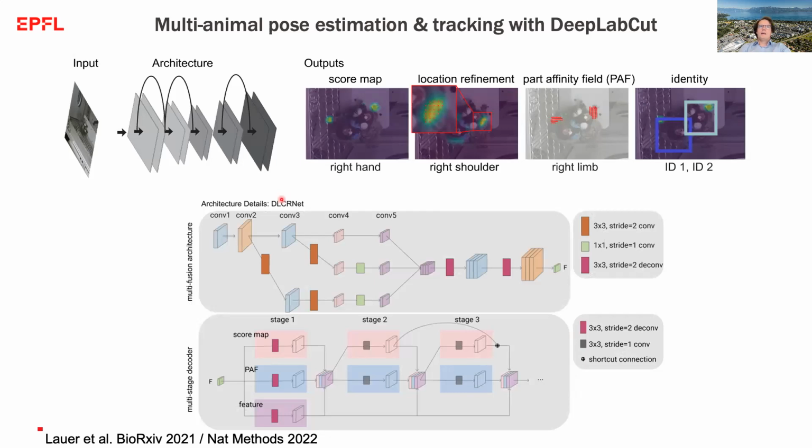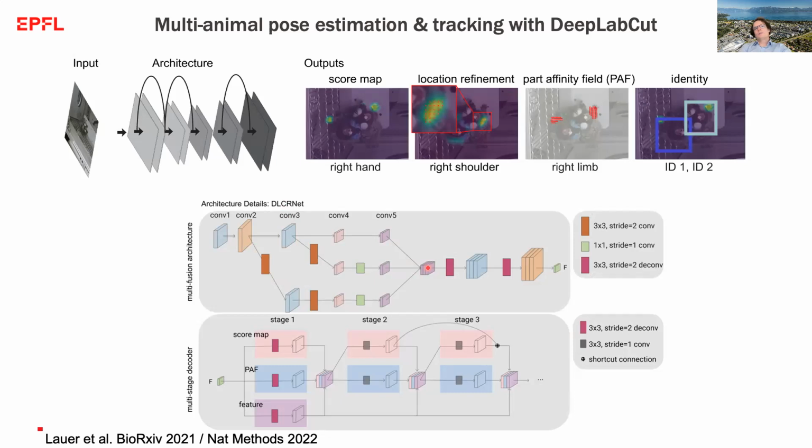At that time, we changed the normal architecture of a ResNet, which basically is depicted up here in this branch, by adding additional multi-scale branches and then fusing them at the output. That is the multi-fusion part of the network that we call DLC-RNet.